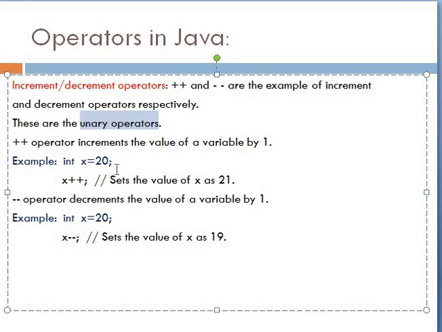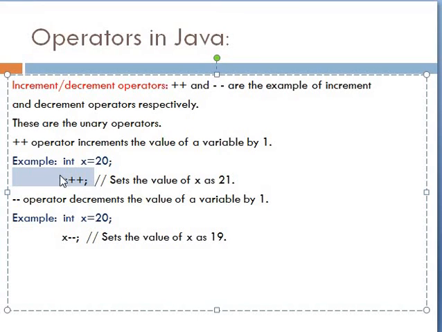Now take the case of this example. Here the first statement declares a variable called x whose data type is int, and the value assigned to this variable x is 20. In the next Java statement, using the increment operator ++, the value assigned to the variable x has been increased by 1.